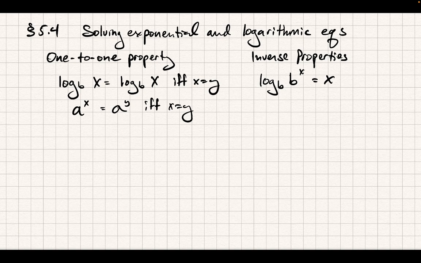How can I do it in the other order? b to the log base b of x equals x. That's my inverse property. My two ways of writing inverse property and my two ways of writing one-to-one property. These are going to be massively useful when it comes to solving exponential and logarithmic equations.